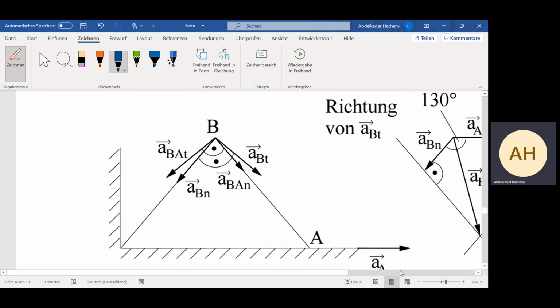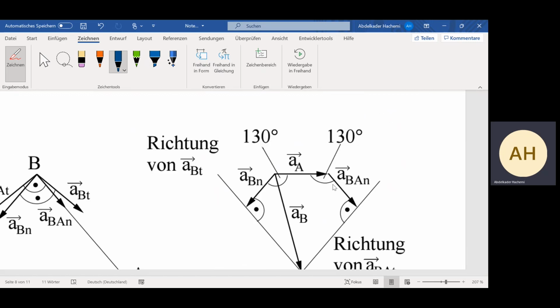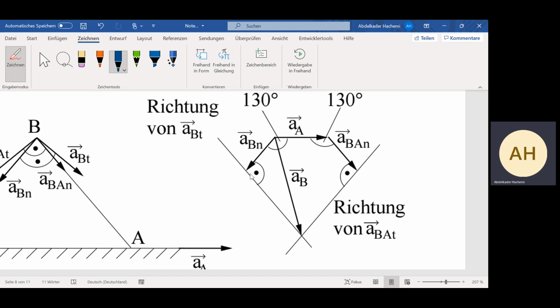Then we come to the polygon of forces. We know the magnitude and direction of EB, EA, and EBN. For EBT, we know the line direction. Then we can draw EB, the sum of the two components EBN and EBT.